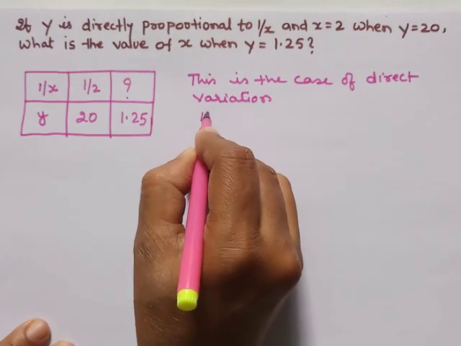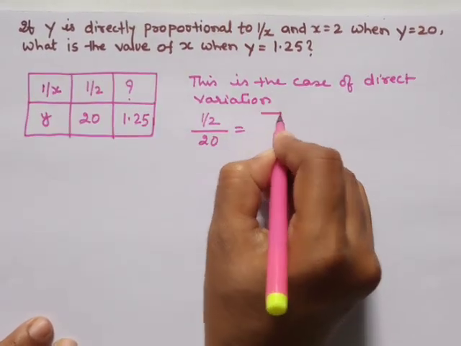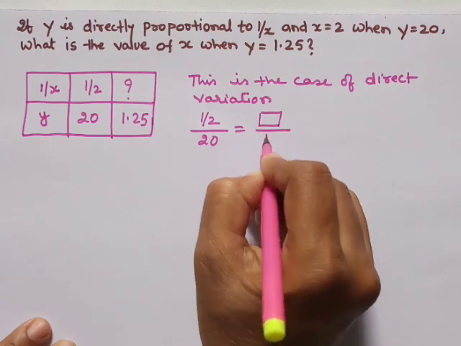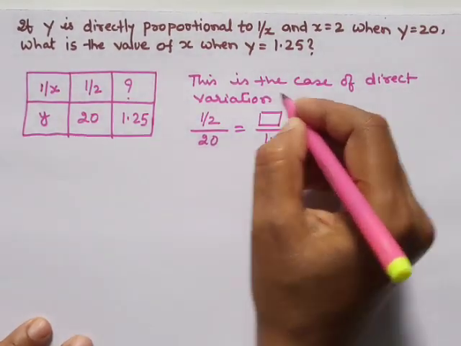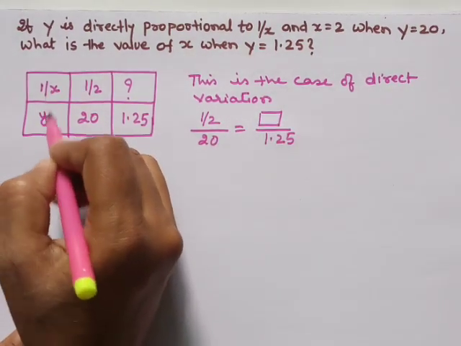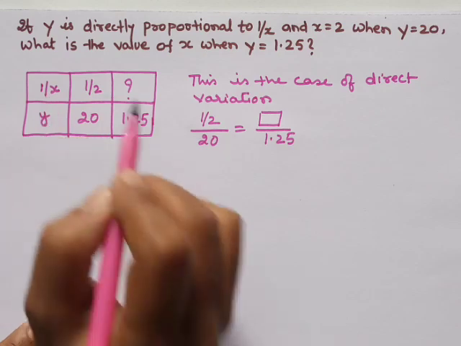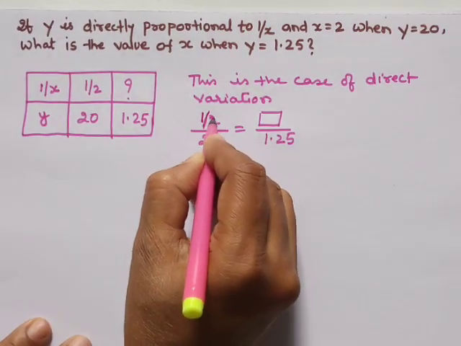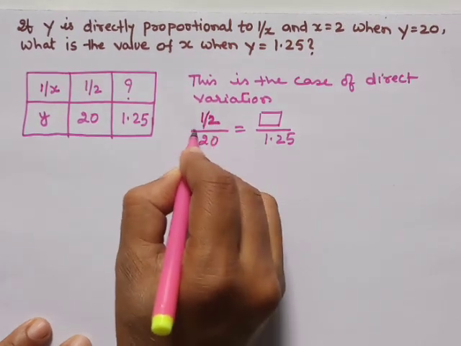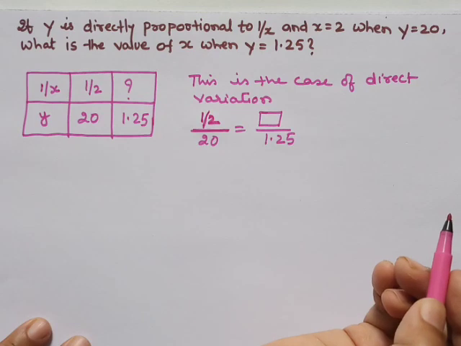That means 1 by 2 divided by 20 will be equal to box divided by 1.25. I hope you all understand this. If these two numbers are proportional to one another, then this by this will be constant. So here 1 by 2 by 20 will be equal to your unknown number by 1.25.